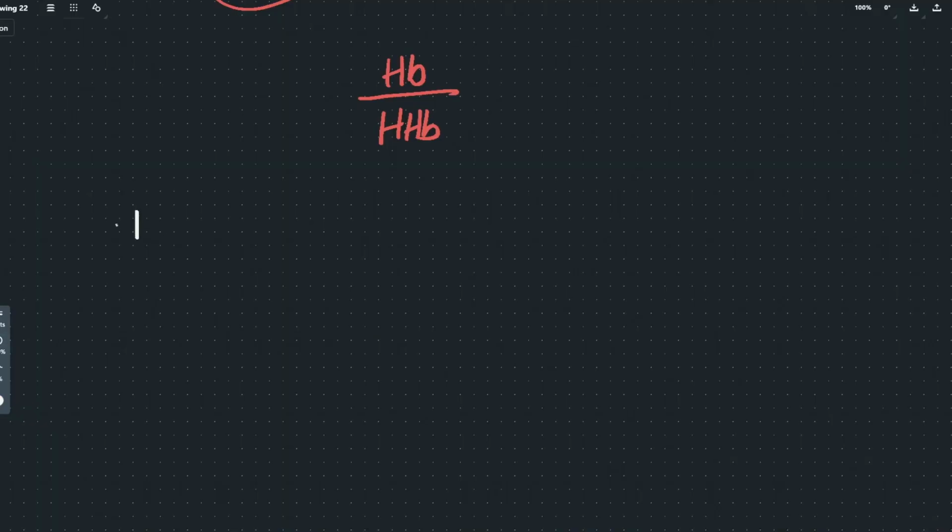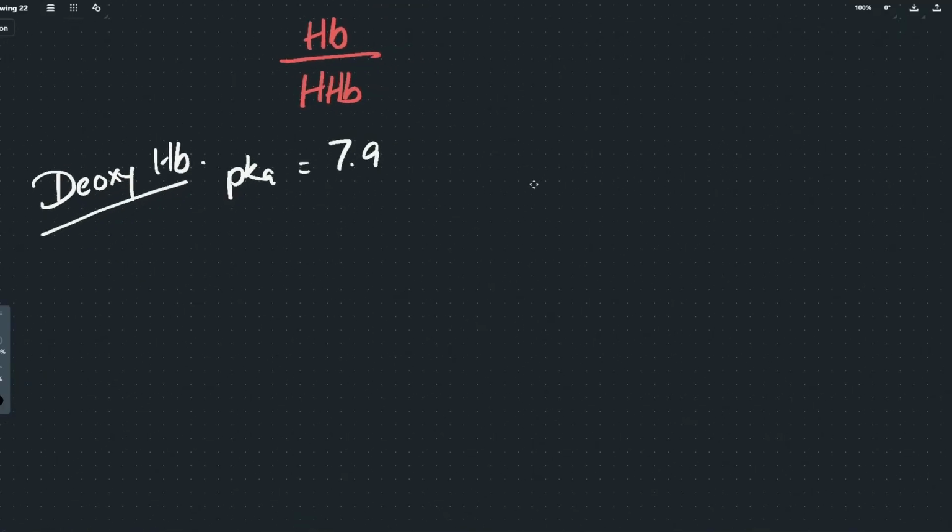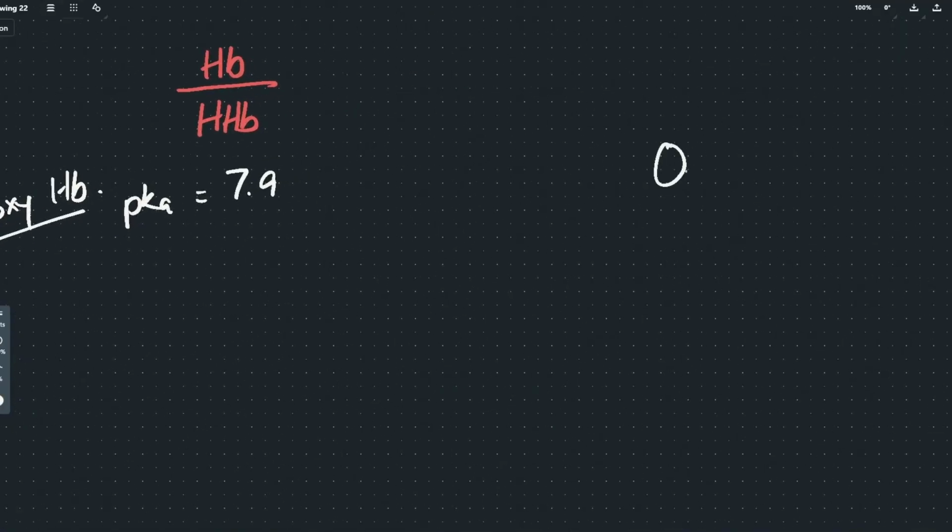So for the deoxygenated hemoglobin, or deoxyhemoglobin, which is of course in the peripheral tissue, the pKa is equal to 7.9, and for the oxyhemoglobin, the pKa is about 6.7.